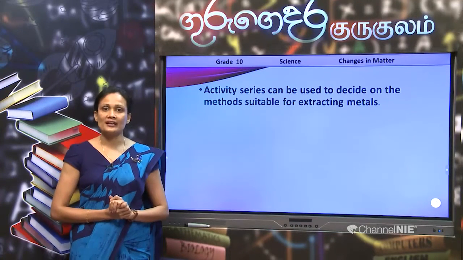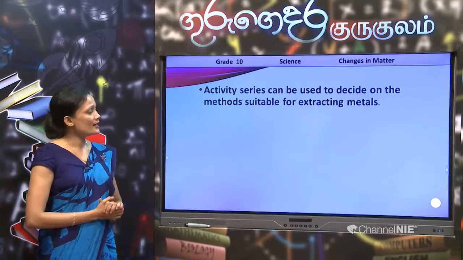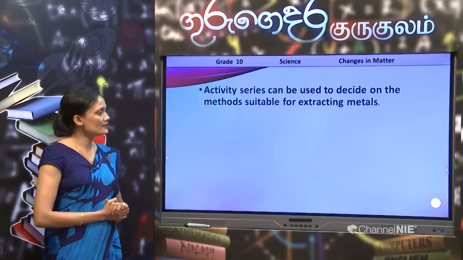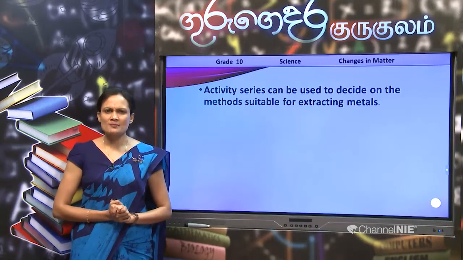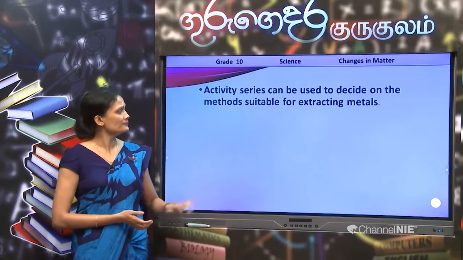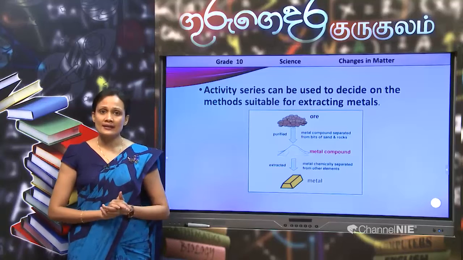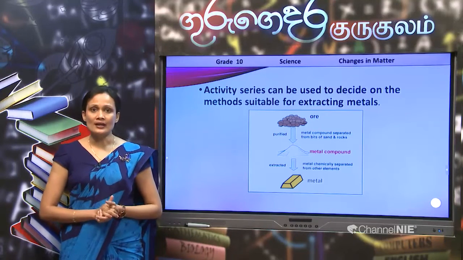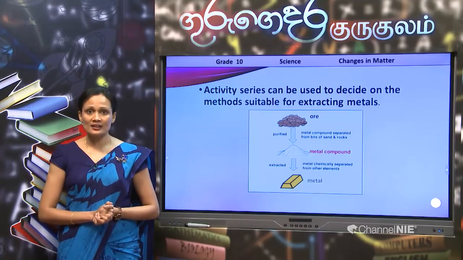Another use of the activity series: it can be used to decide on the method suitable for extracting metals. What is meant by extracting metals? Metals are mainly present in nature as their compounds because of their reactivity.